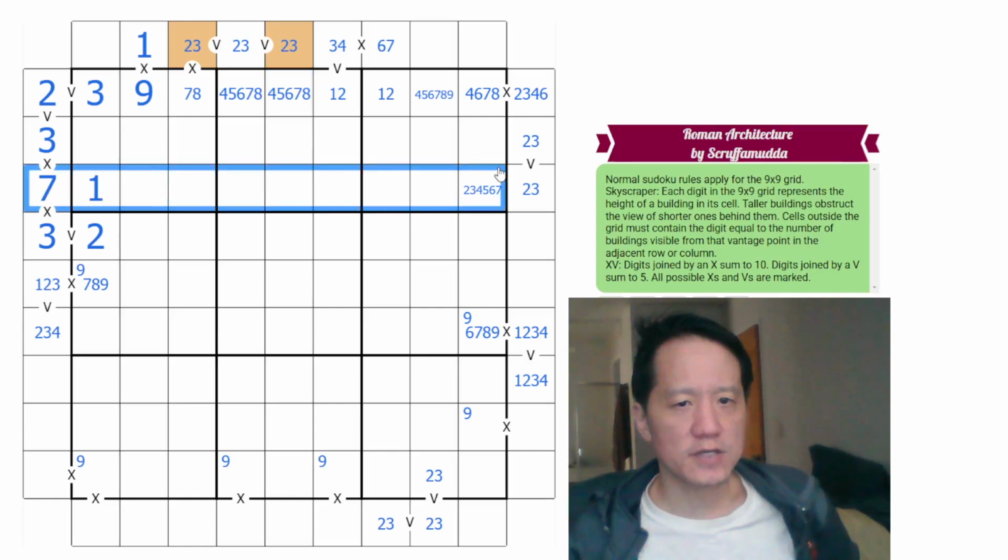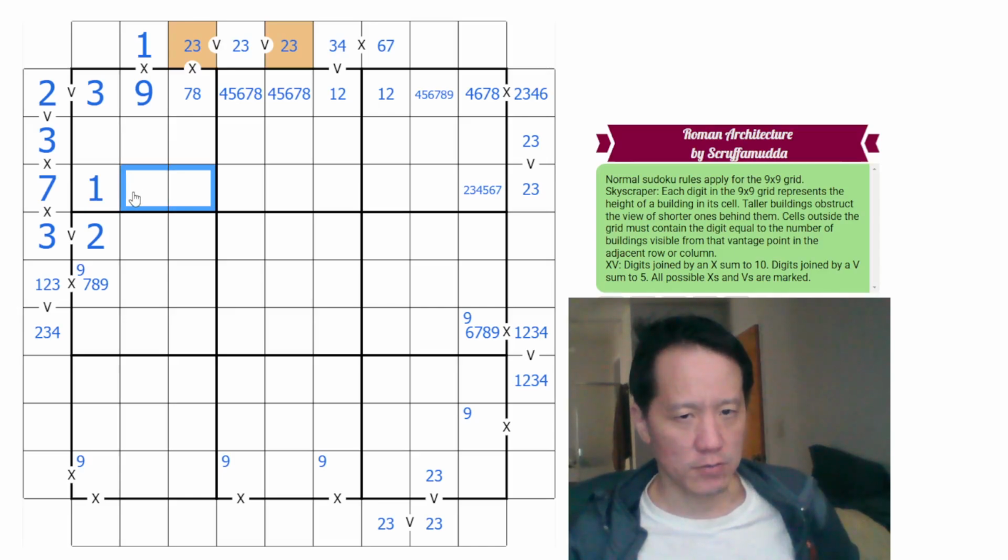This sees 7. So whatever digit's here, it will not see a 3. So it could be 2 here.